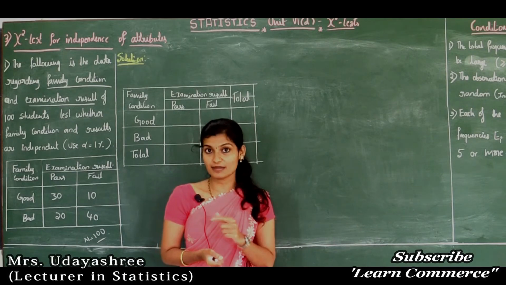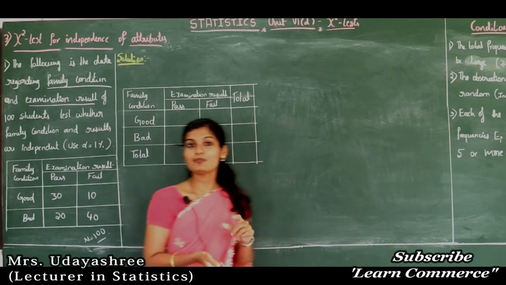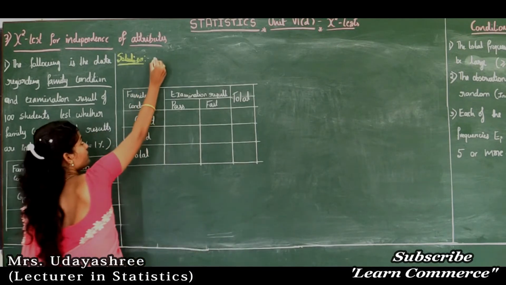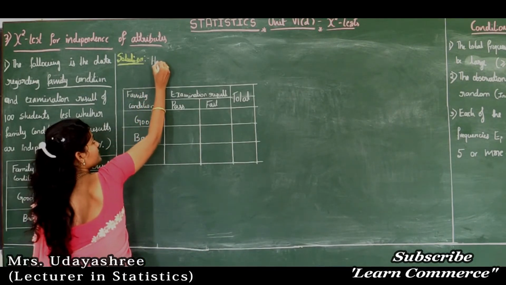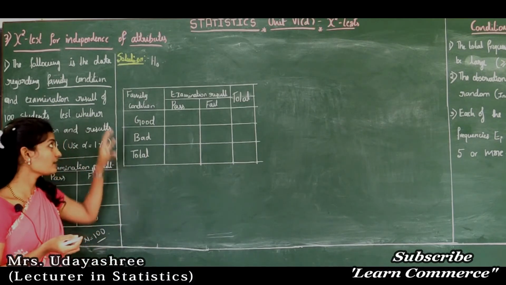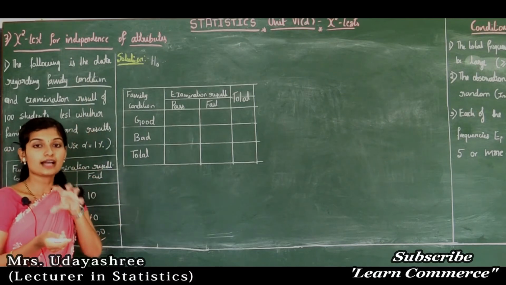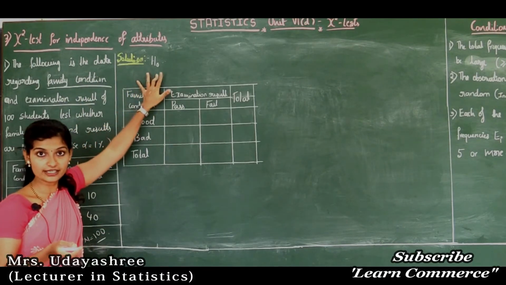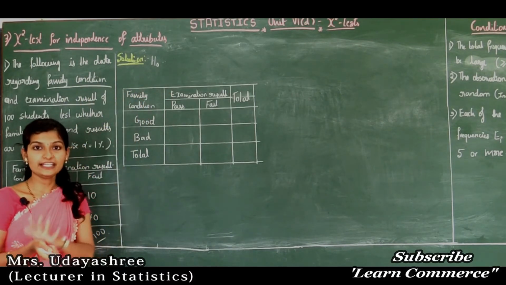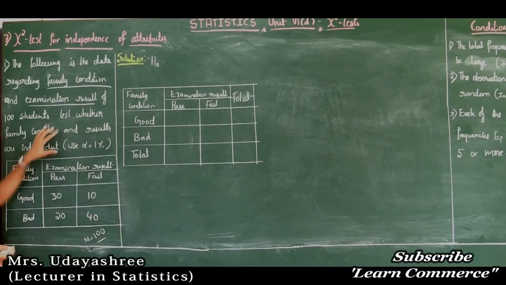Step 1 is setting up the null hypothesis, denoted by H naught. In the test procedure for independence of attributes in chi-square, H naught is that the two attributes are independent. What attributes are given in the question?